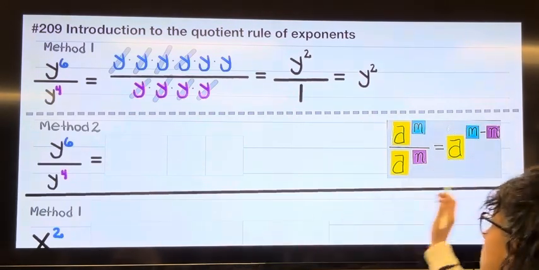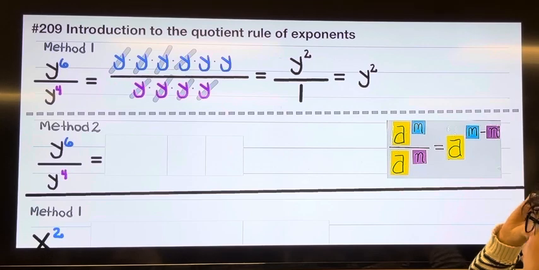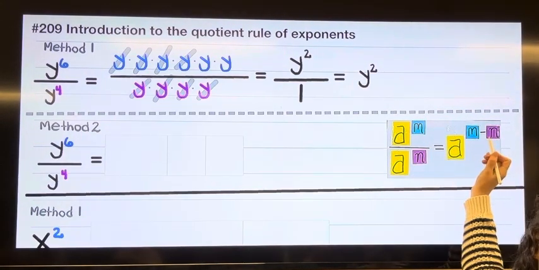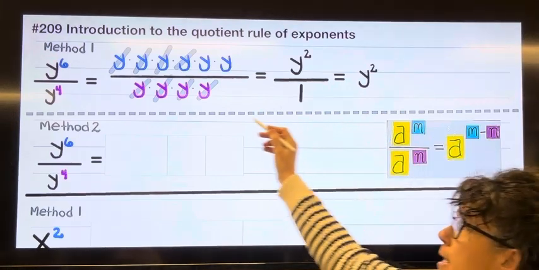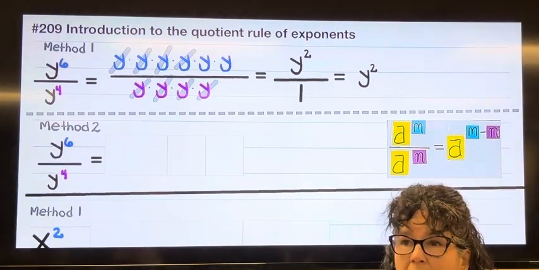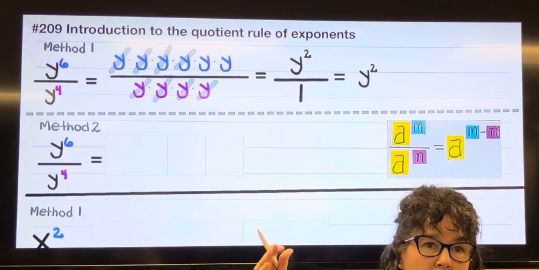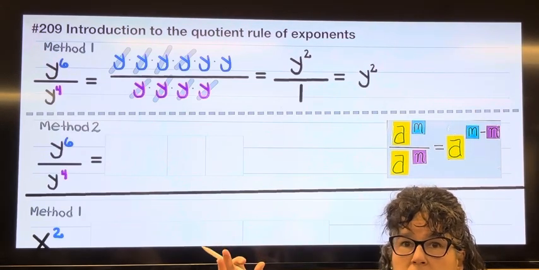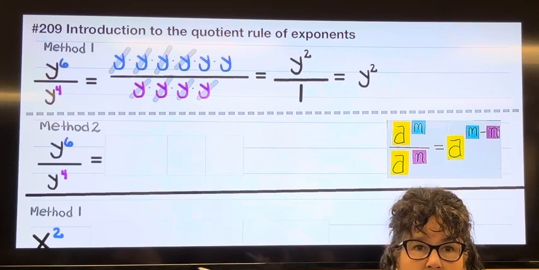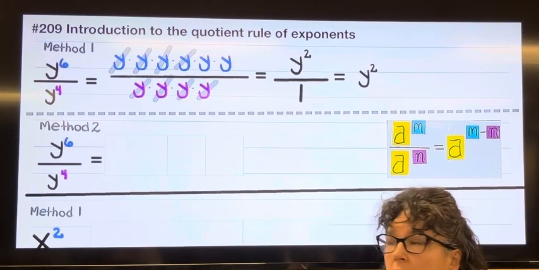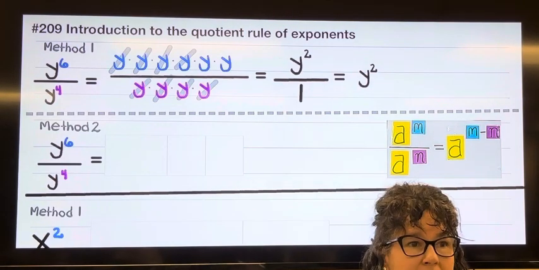Now, if you use your exponent rules, when you have like bases, then you subtract exponents. But being able to visualize this is helpful in remembering the rule, because sometimes students will ask me, well, how do I know if the variables are left over in the top or the bottom, in the numerator or denominator? Well, the leftover is going to be whichever has more.